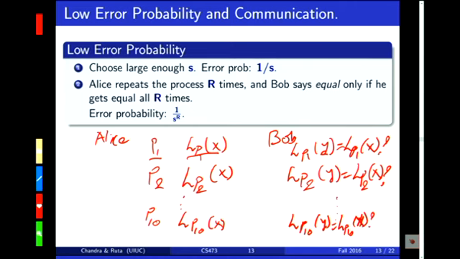And say equal if all are yes. I think this is an important point, and that's why I'm stressing it: if you have one-sided error and you have some kind of independence, you can actually push the error to a very, very tiny number by repeating the process.